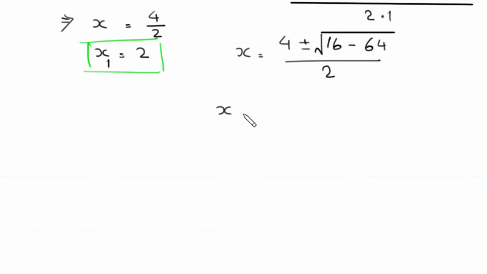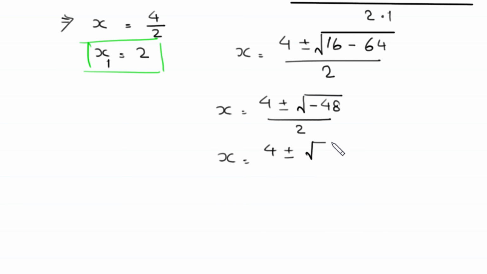Next, x is equal to 4 plus or minus square root of, this 16 minus 64 will become negative 48, divided by 2. And x is equal to 4 plus or minus, this square root of negative 48 can be written as square root of 16 times square root of 3 times square root of negative 1, divided by 2.